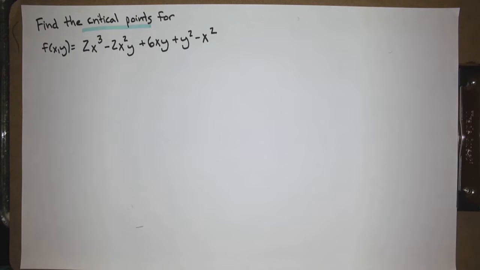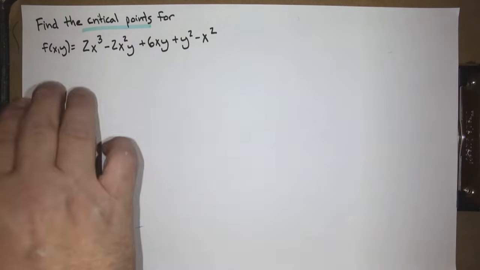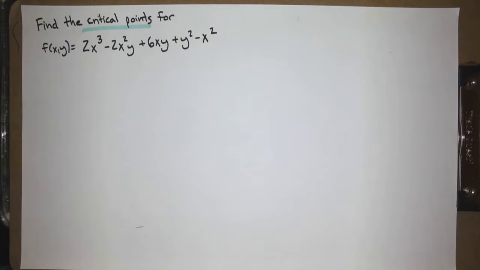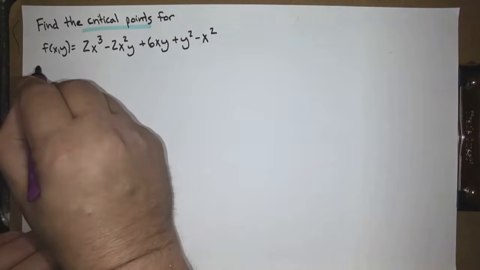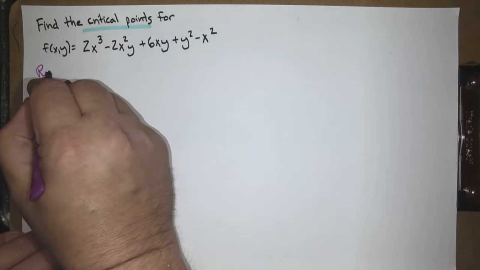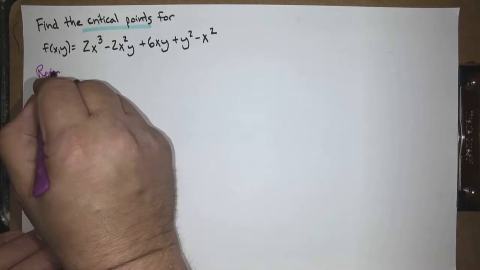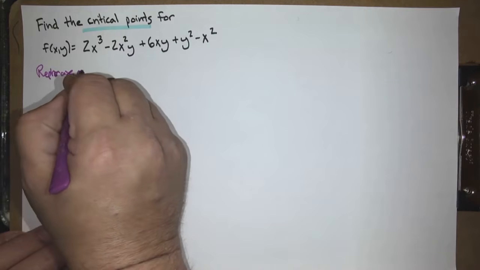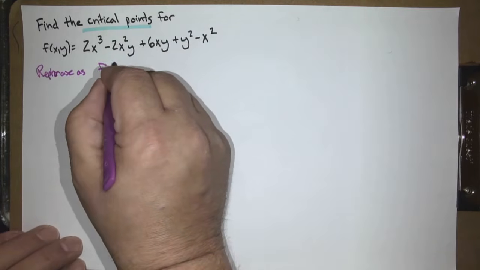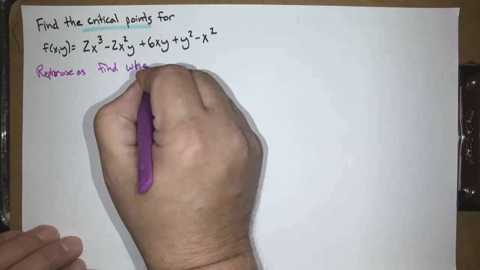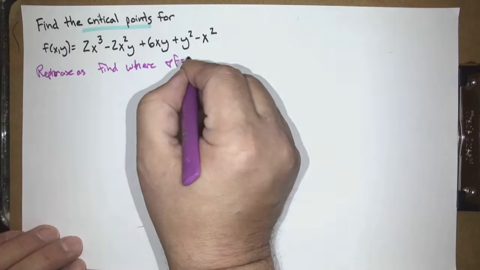So when we see a question phrased this way, with this type of function, what is it we're looking for? So we can rephrase this as: find where the gradient of f equals 0.